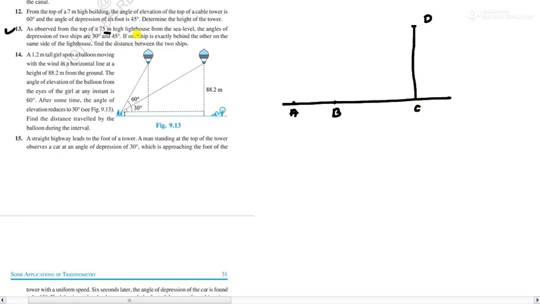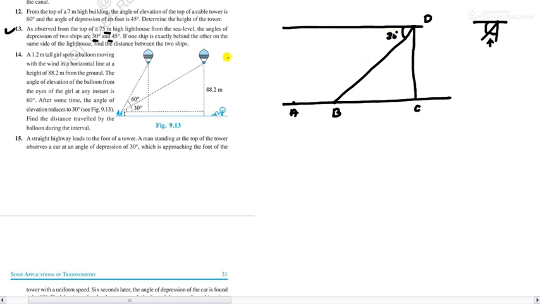The angle of depression of two ships are 30 and 45. So first one, let me name it as, see, angle of depression has to be with horizontal. Don't mark it with the vertical line. It is always with horizontal. So I will draw a line horizontal to this AC. So this angle is how much? 30 degree.